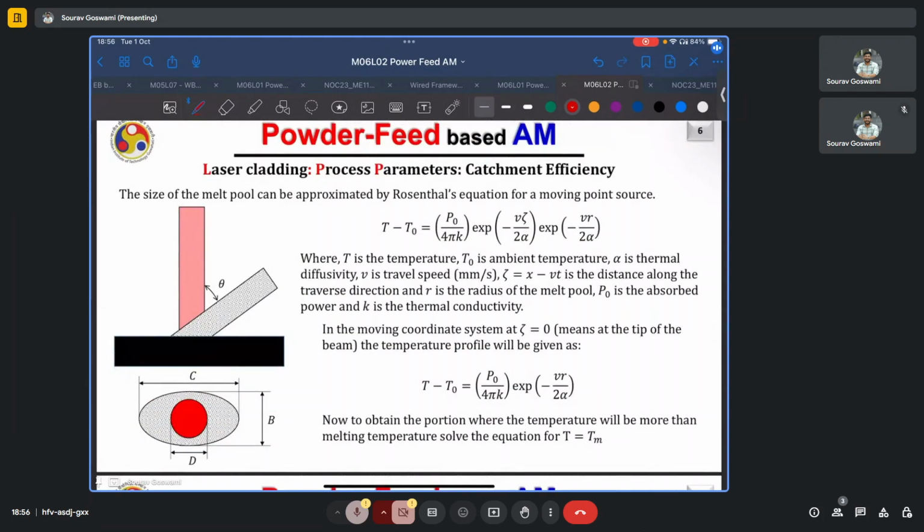The size of the melt pool can be approximated by Rosenthal's equation for a moving point source, and the equation is given here.